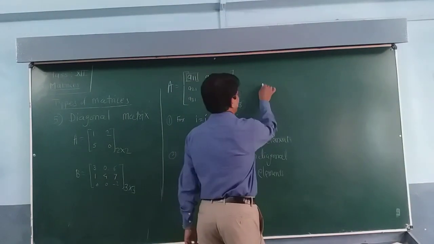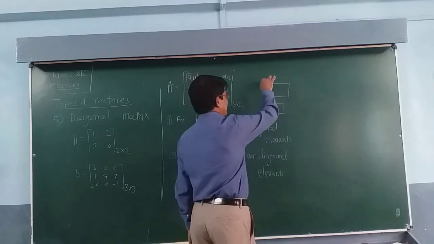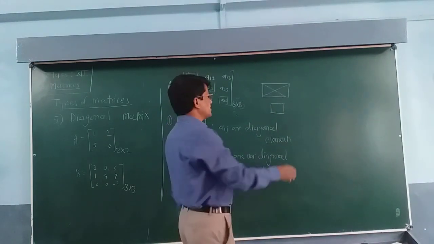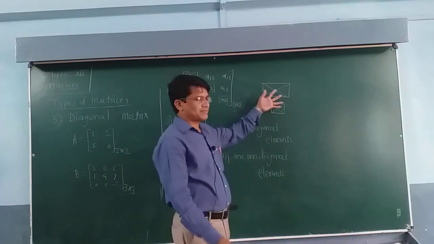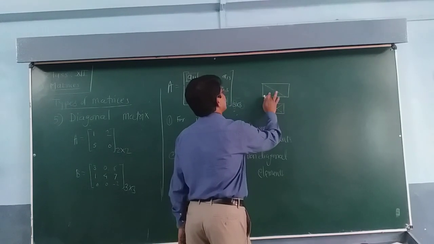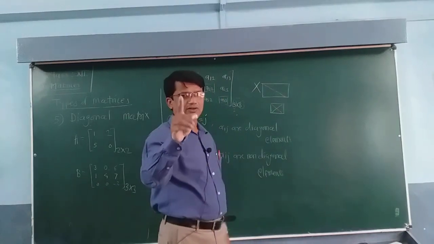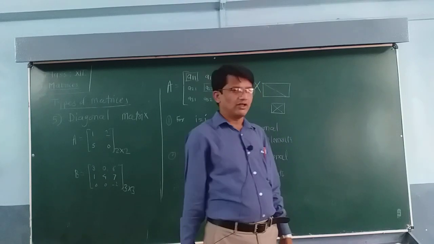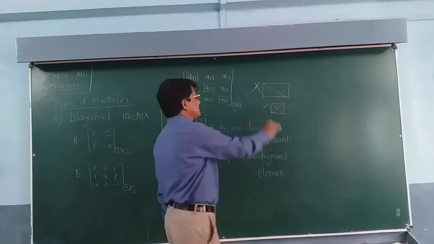In geometry, this is a rectangle and this is a square. A rectangle has 2 diagonals, and a square also has 2 diagonals. But don't consider this concept in a matrix. For a diagonal matrix it should be a square matrix, not a rectangular matrix.